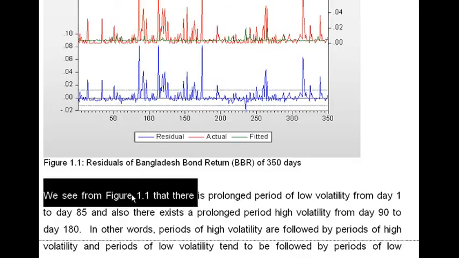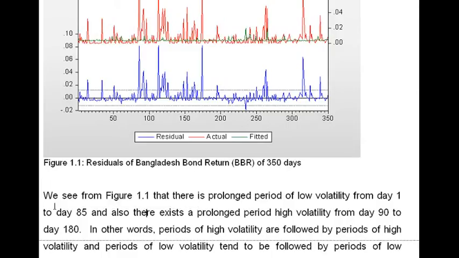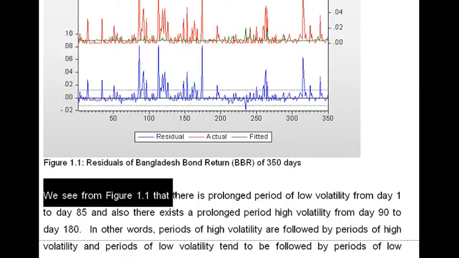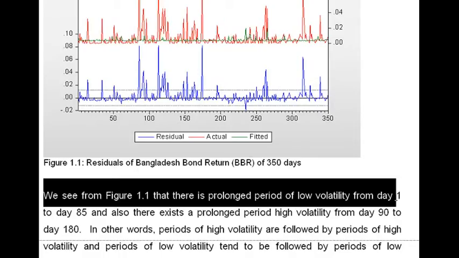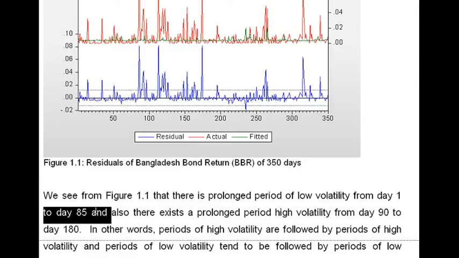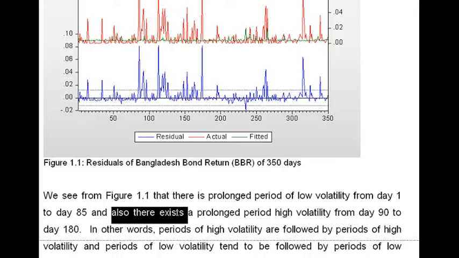Figure 1.1 means this one, right? We see from figure 1.1 that there is a prolonged period of low volatility from day 1 to 85, and there is a prolonged period of high volatility from day 90 to day 180.